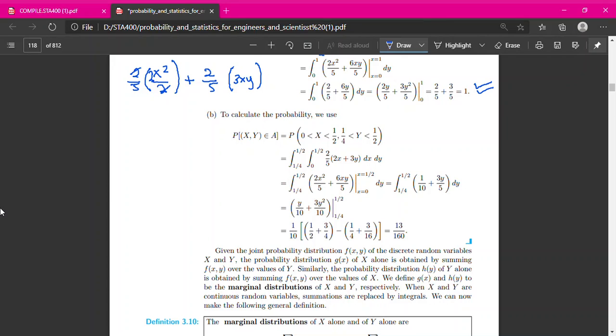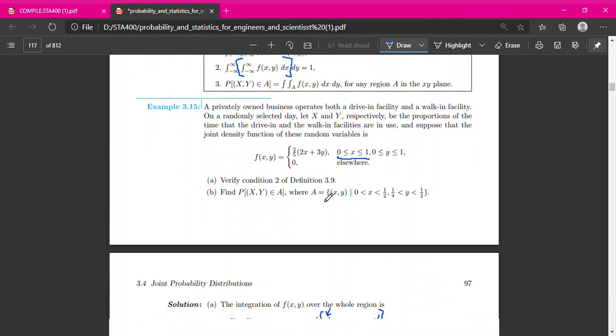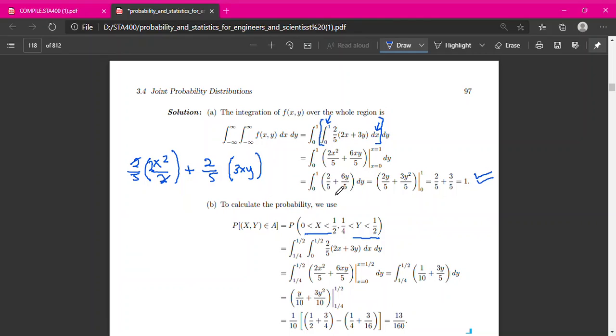Okay, so seems that these two interval yang kita nak cari ni berada dalam the interval here. Okay, berada dalam this interval. Okay, x from 0 to half dan y from 0.25 until half.